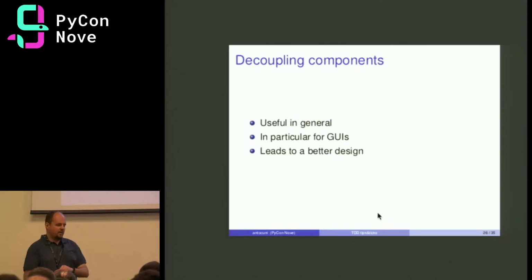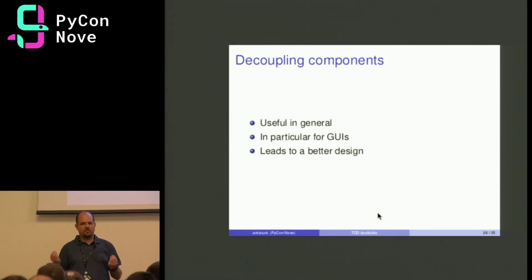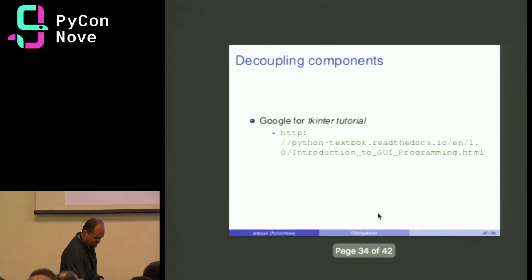A very nice property about the example I'm showing is that it makes your code easier to test, but it also leads to a better design overall of the application. So you really get two nice features at once.